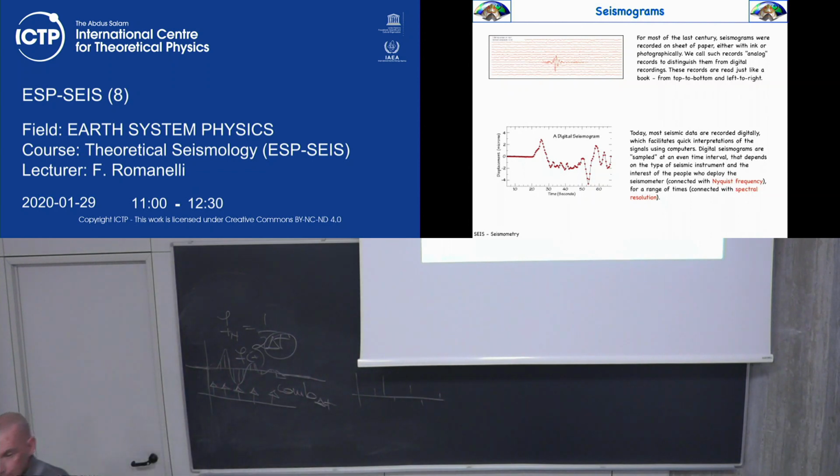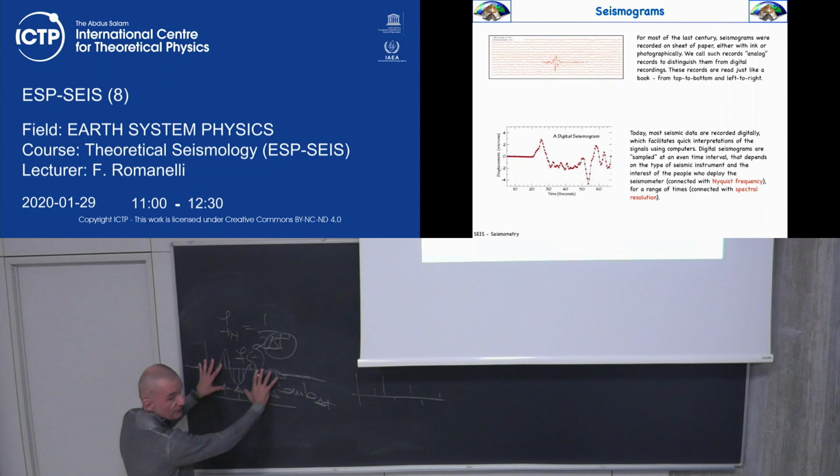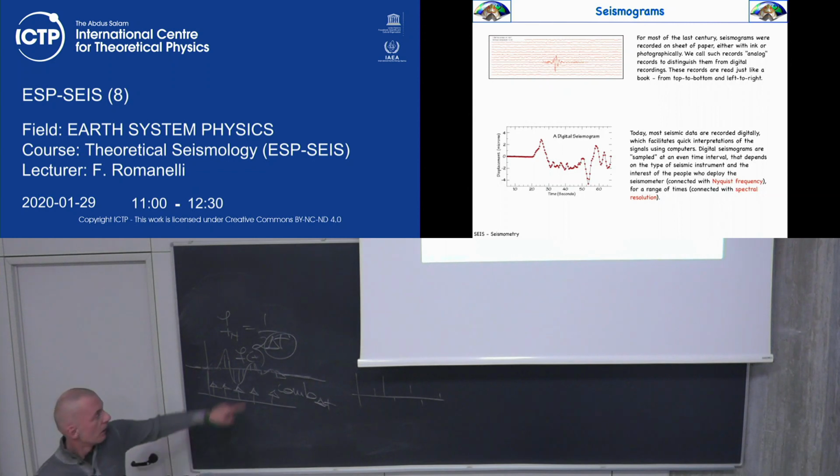Is that okay? If it is not, I will skip. If you want to digitalize this one, you multiply by a set of deltas, right? Yes. Okay. What is the Fourier transform of this?